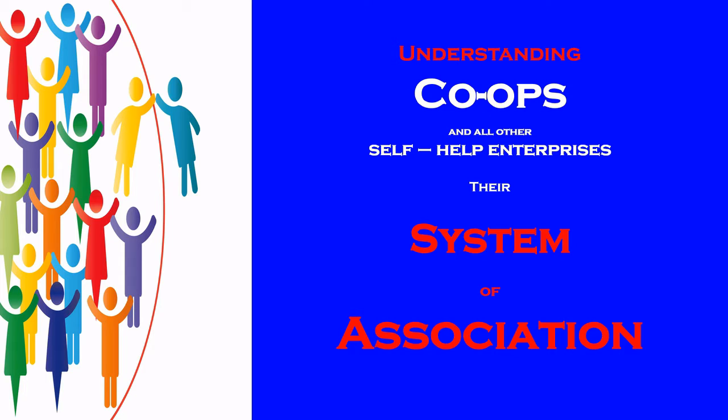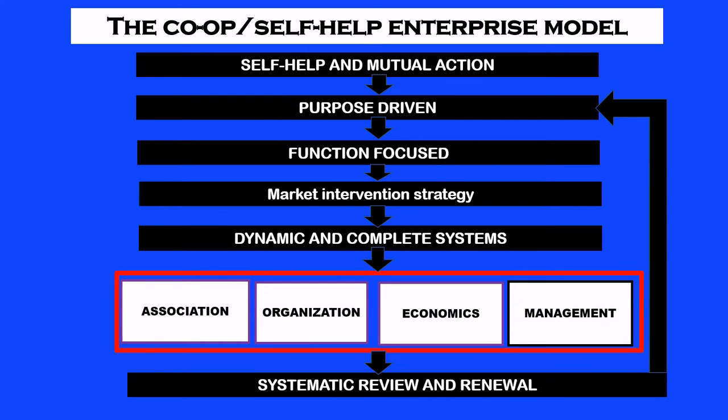That's SHEs for short. In this session, I'm focusing on the system of association, which is essential in all types of self-help enterprises. The system of association is one of four critical systems that are central to the self-help model of enterprise, alongside the systems of organization, economics, and management.